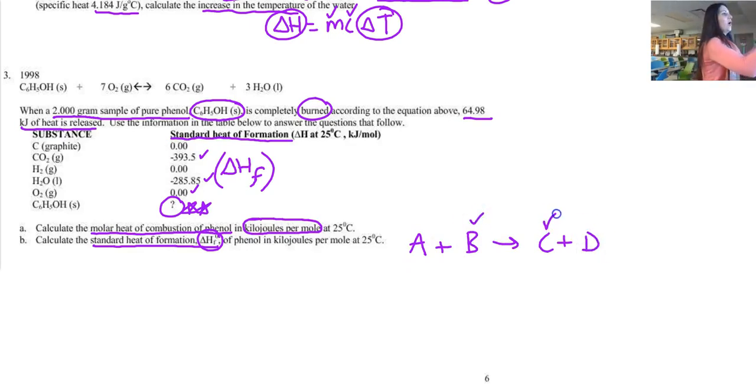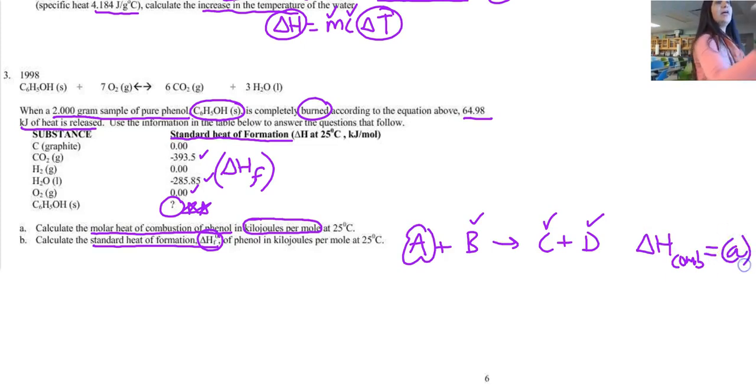I already know CO2 and water, they gave us both of those values. What we're looking for is this, and I also just figured out the heat of combustion from part A. So part A's answer, but make sure that your sign is right, because that will affect your answer. Then you're just going to do products minus reactants is equal to delta H.